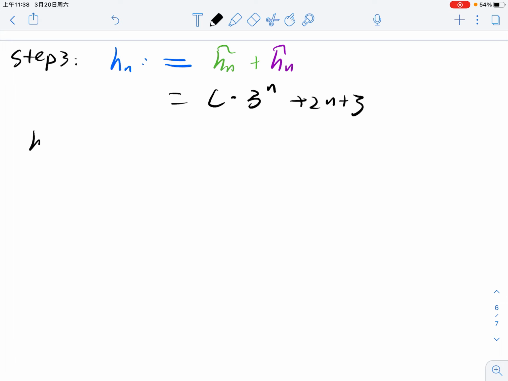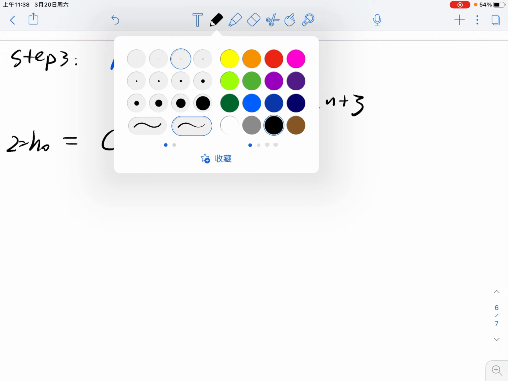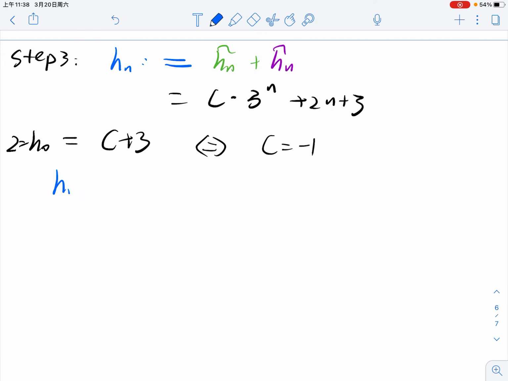Okay, and now consider the initial data. H0 is 2, so you plug in 0, you have C plus 3, and therefore C is negative 1. And then the general solution Hn is minus 3 to the nth power plus 2n plus 3.